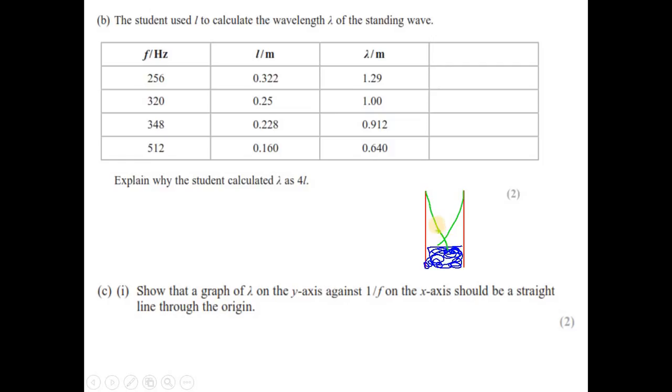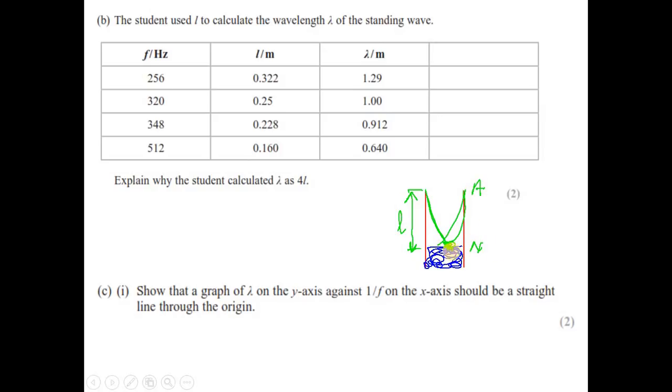Oh, sorry, there must be a node here. Okay, this is like this. So this is the standing wave forming, and this length she's measuring as L. And you know that at the open end we always have an antinode, and at the closed end we always have a node.